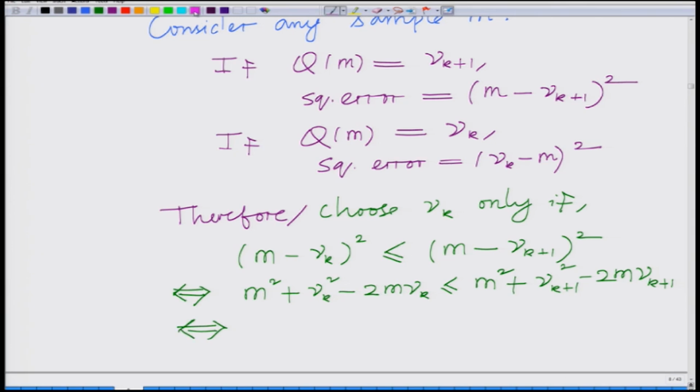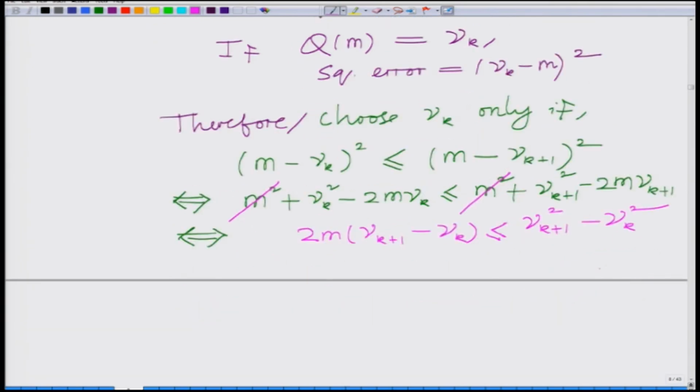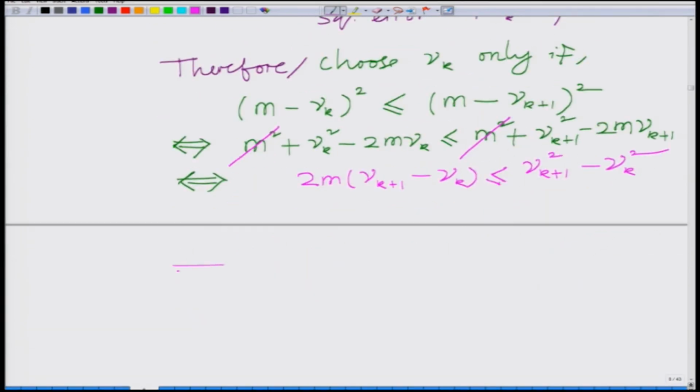The m squares go away, which implies and is implied by 2 m times nu k plus 1 minus nu k less than or equal to nu k plus 1 square minus nu k square.